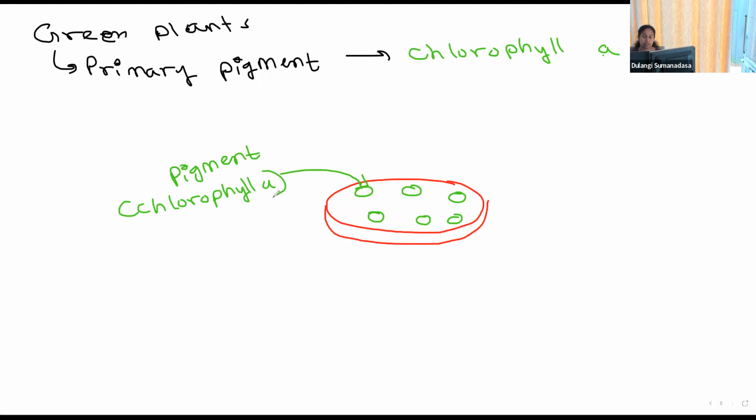So the pigment's function is to absorb sunlight. Initially the pigment is going to get the white light. So this is the white light coming to the chlorophyll A pigment.